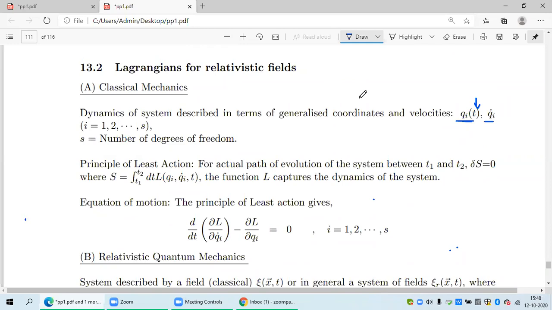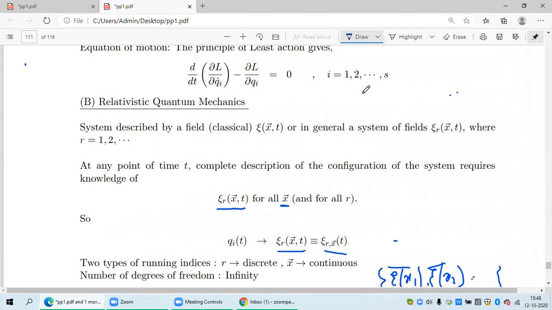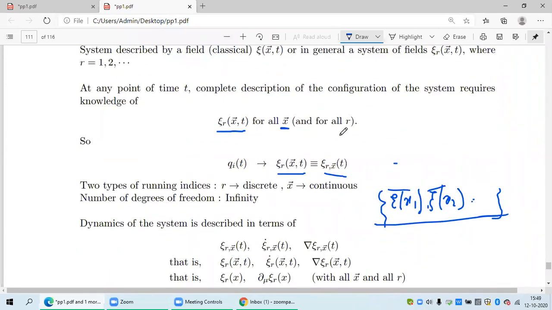Then you don't know at a later time, because at a later time all these values will take some different values. Then your field configuration changes. If I want to visualize the evolution of a field configuration, in the same way as a system described by a wave function, or a field which has a particular value at any particular space-time point, field description means knowing the value of the field at all points at a particular time.